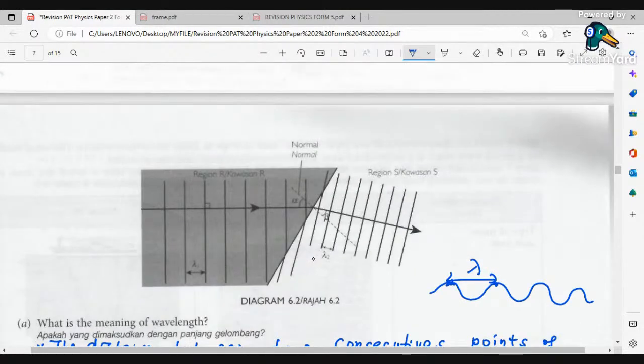Alpha and beta. This is alpha. This is beta. Okay, so you can see alpha is angle of incidence in deep region. Okay, beta is angle of refraction in shallow region. So from deep to shallow, speed decrease. So you can see the wave refracted towards normal.